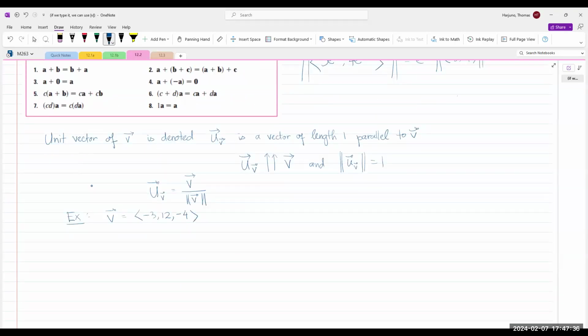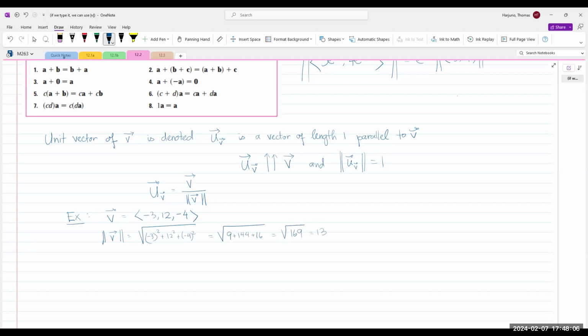Okay, then what is the magnitude of vector v? That will be the square root of (-3) squared plus 12 squared plus (-4) squared, which is the square root of 9 plus 144 plus 16, which is the square root of, I think it's 169, huh?